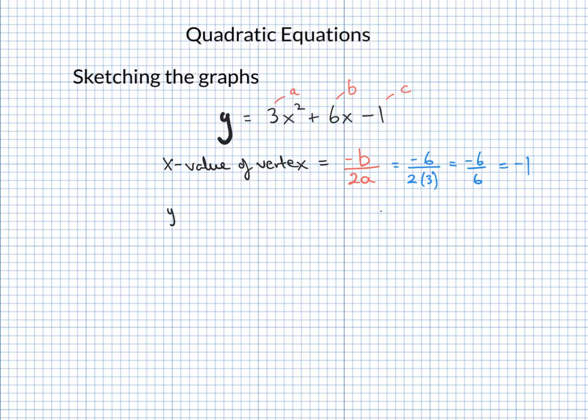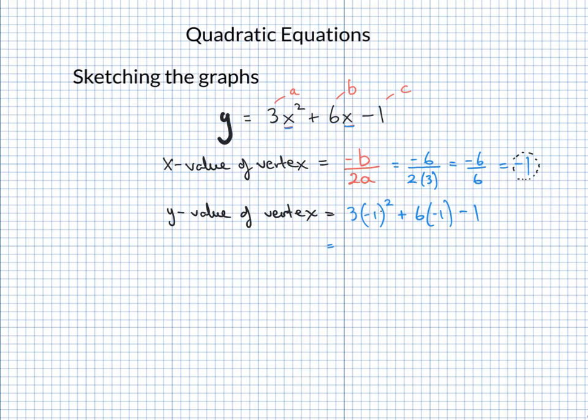The y value of the vertex is found by substituting. We take this value of negative 1 and put it into the equation. So we get 3 times, where it said x squared, we replace it with negative 1 and square it, plus 6x, but replace the x with negative 1, and then minus 1.